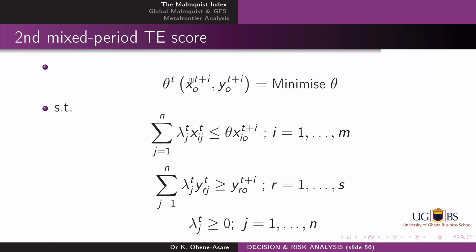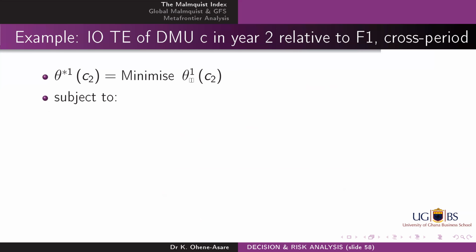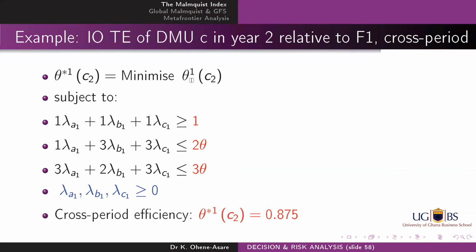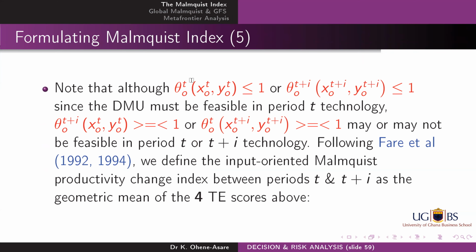That's how you do it. In fact, the one I just did, C2 relative to frontier 1, is this. And since you've already done the calculations, you can see that this was the value.